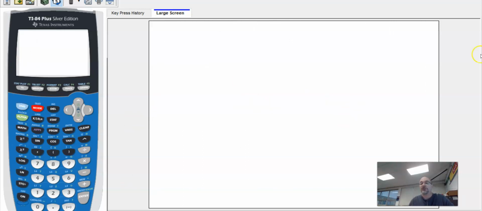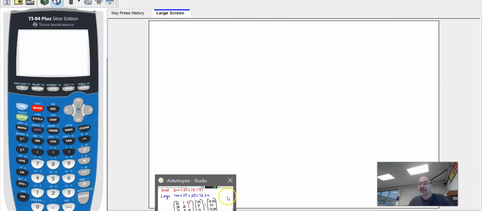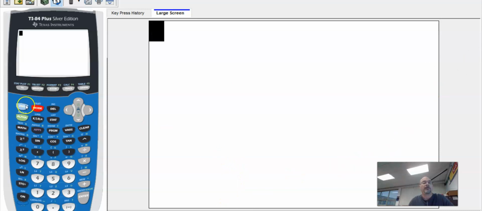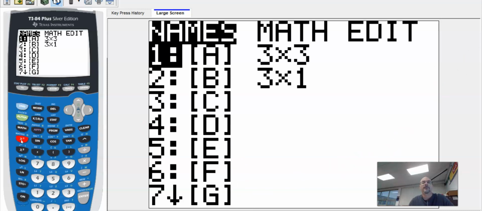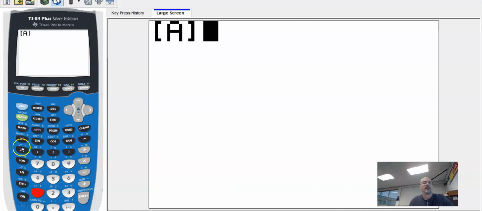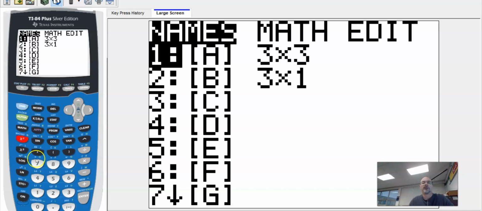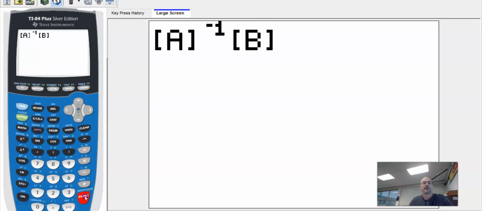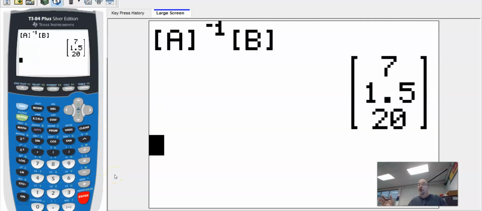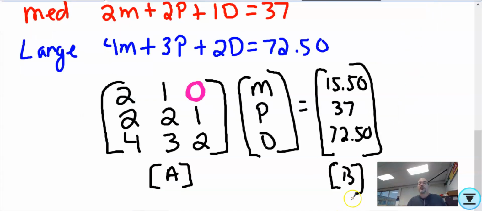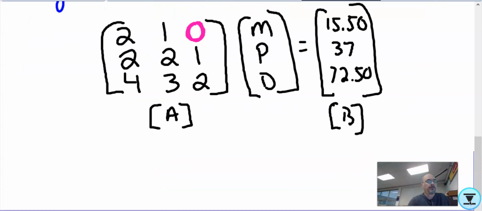And now I'm just going to go ahead and do my A inverse times B. So here are the prices, ladies and gentlemen. So the movie passes, let me move down a little bit.